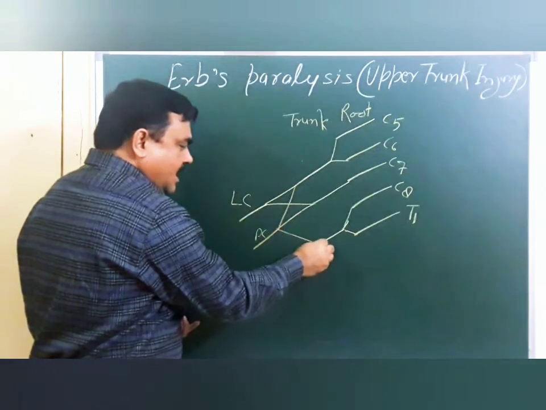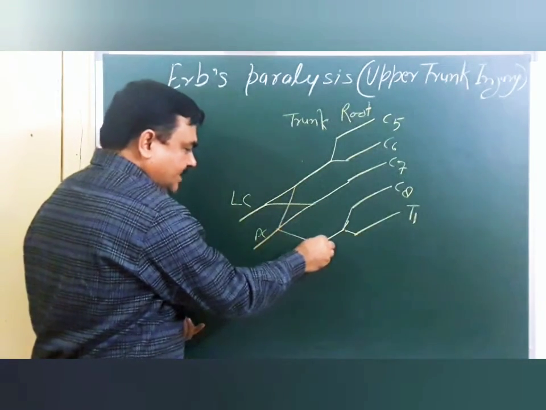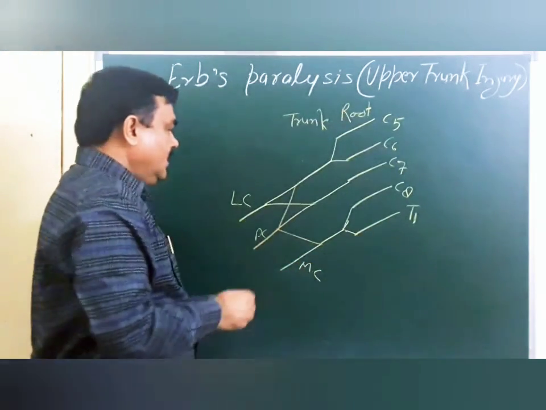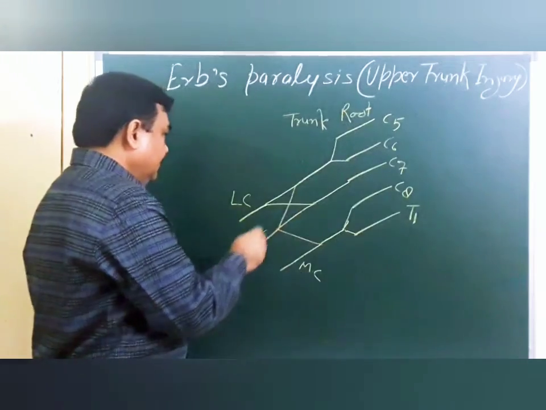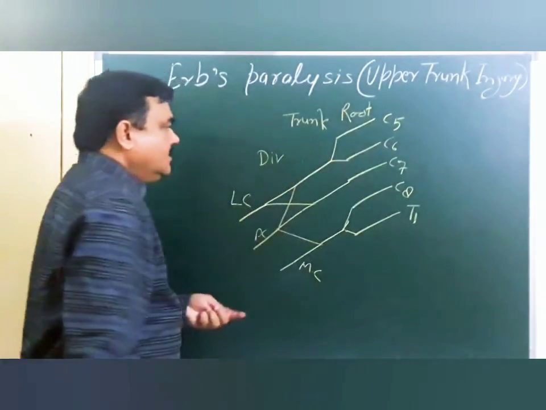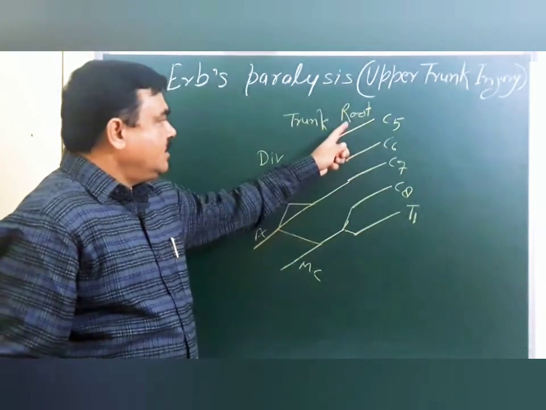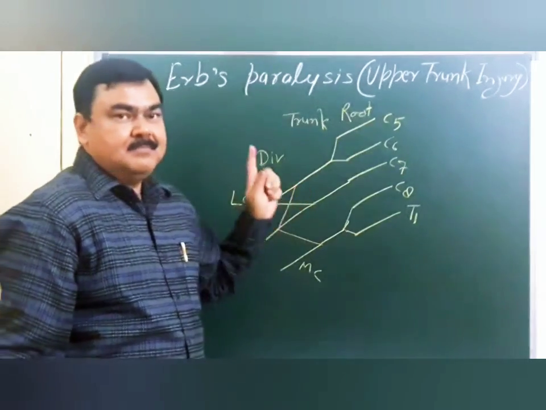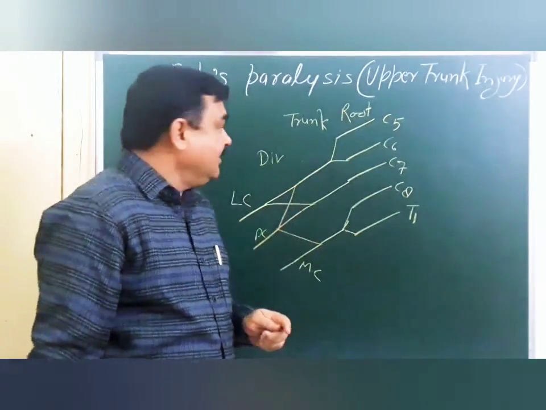And its ventral division forms medial cord. And this part is division. So brachial plexus has root, trunk, division and cords. These are the parts of brachial plexus.